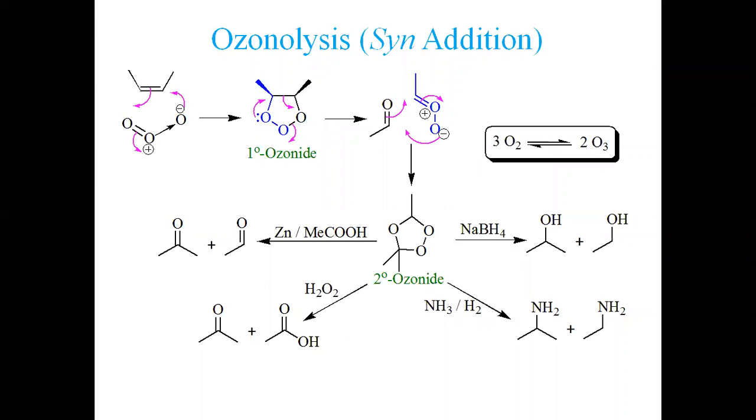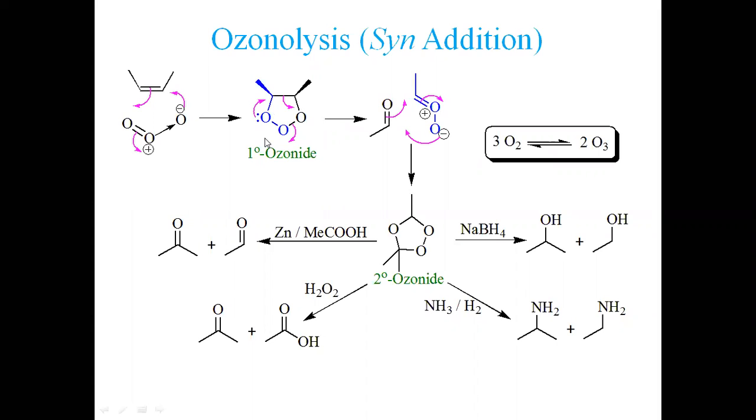This primary ozonide undergoes cleavage. Why does it undergo cleavage? If you look here, this oxygen has two non-bonding electron pairs, this oxygen has two non-bonding electron pairs, and this oxygen also has two non-bonding electron pairs. So when two electron pairs are present on each oxygen, it causes much lone pair repulsion.